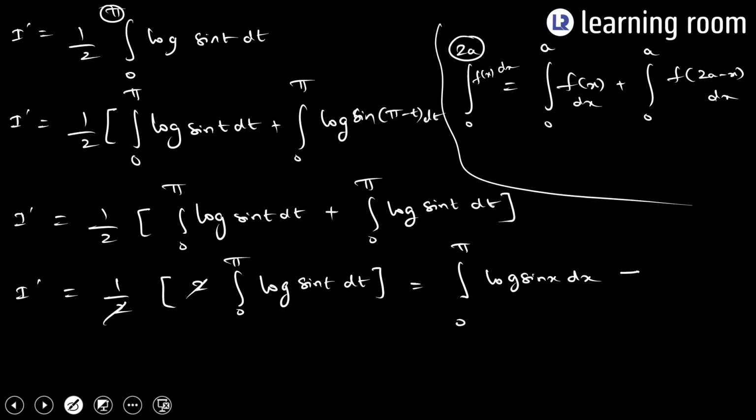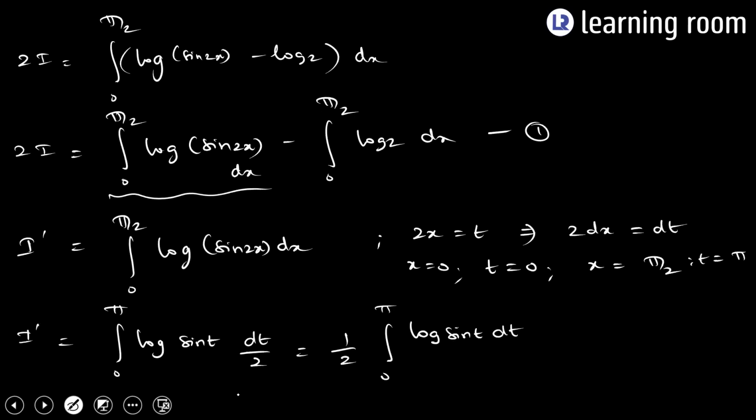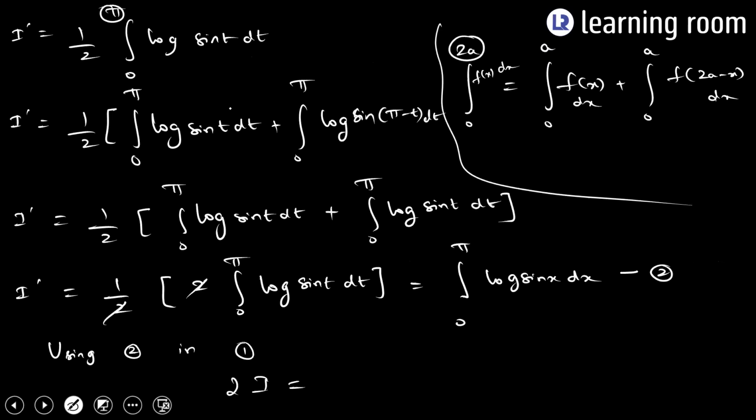So if I take this as 2, then using 2 in 1, what am I going to get? I is equal to, in 1 if you see, 2i is on the left hand side, is equal to, this is I dash. So what is I dash actually equal to? Log of sin x dx. But one minute, one small correction.